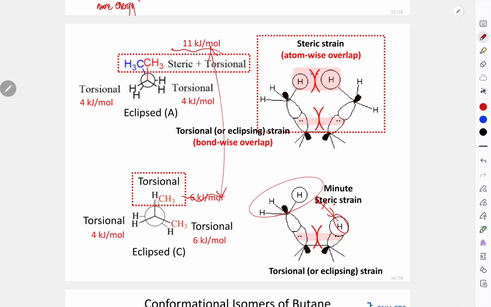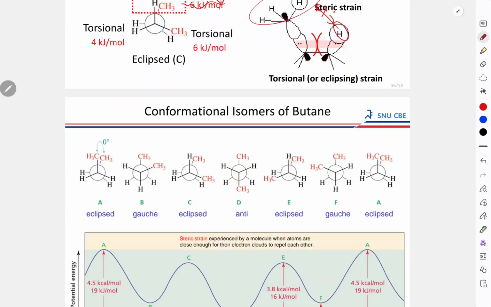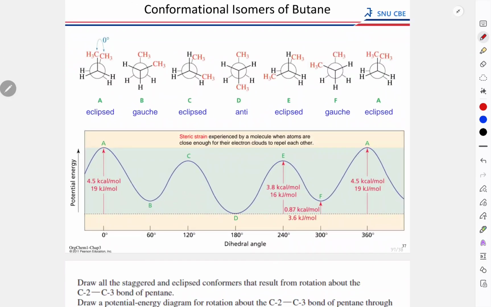And this is quite a simple number you can memorize. It is probably better to remember these numbers: 4, 6, 11. With that, you can rationalize this free energy diagram, the potential energy of your conformers as a function of the dihedral angle, which means the rotation angle.